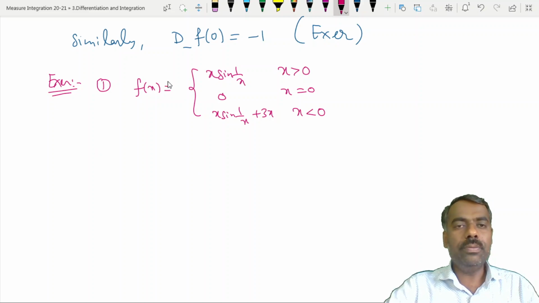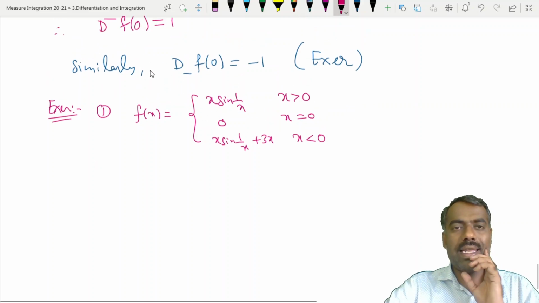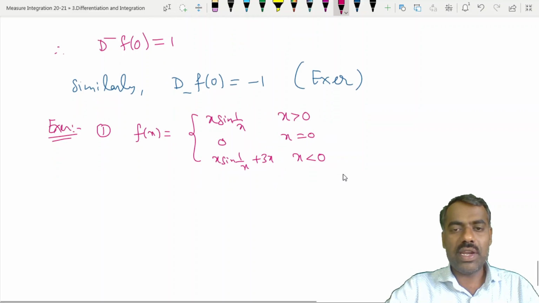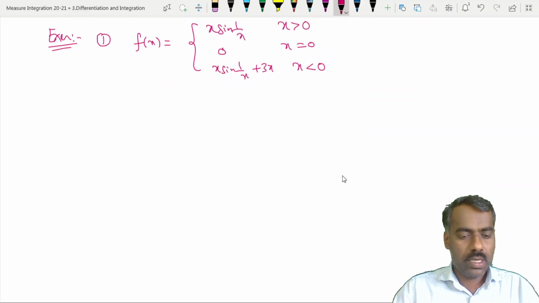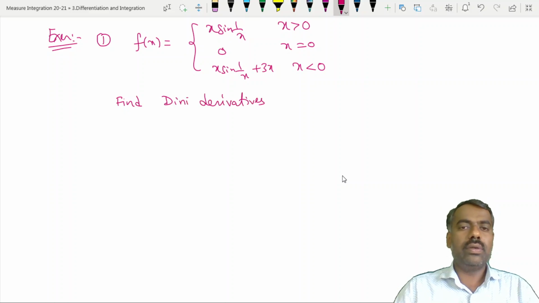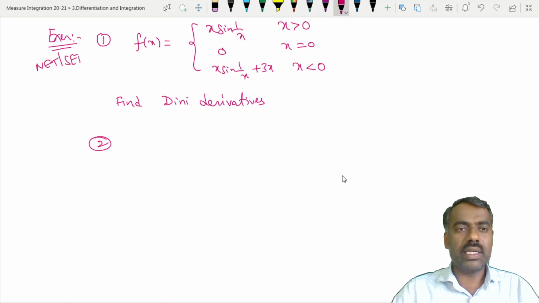It is similar to the earlier problem, but here x sine 1 by x applies for x greater than 0 and the other expression for x less than 0. Try to find all the Dini derivatives. These are asked in NET or SET, so you can work them out.